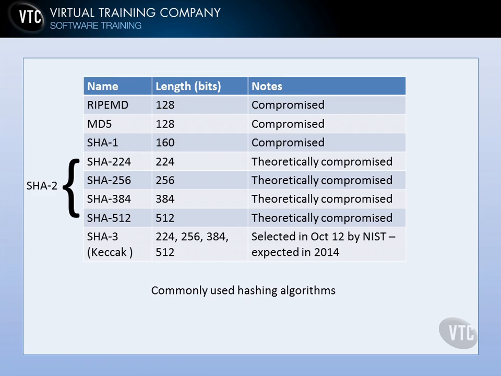In fact, the whole family of SHA-2 has technically been theoretically compromised, although there are no practical known hacks against those algorithms. Recently, NIST, who basically selects the national standard for the United States for algorithms, recently decided upon Keccak as the replacement hashing algorithm for the national standard, and we're going to call it SHA-3 formally.